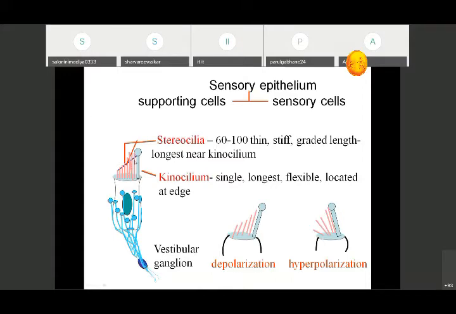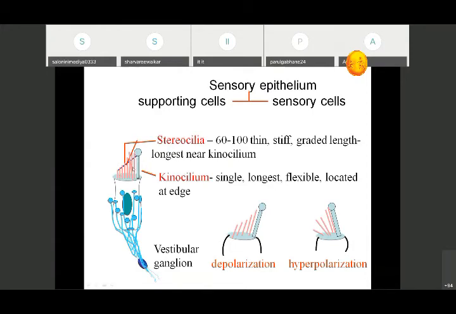Then there are different small cilia, and the height of the cilia goes on increasing as they approach the kinocilium. These cilia are called stereocilia. There are almost 60 to 100 stiff stereocilia of graded length, shorter than the kinocilium. That is, they increase in size till they reach the kinocilium.